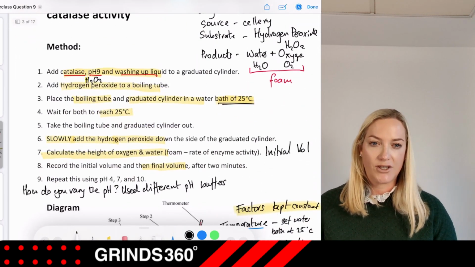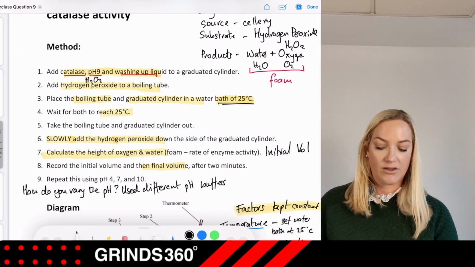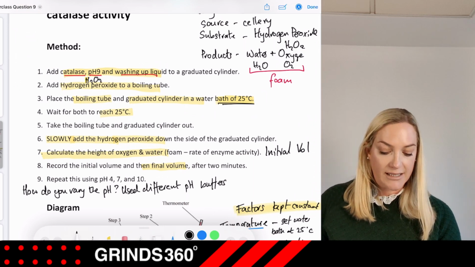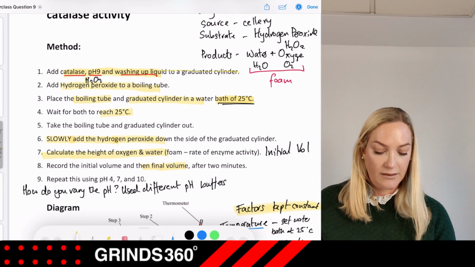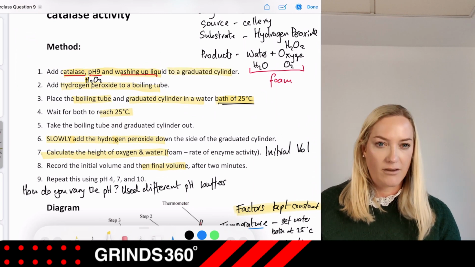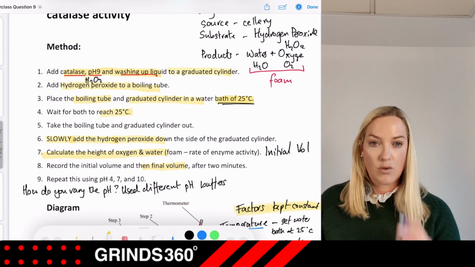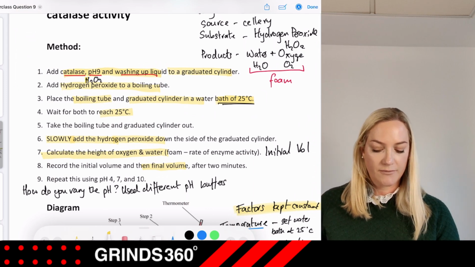You must mention your catalase, you must mention pH, and you must mention your washing up liquid, that those three are added into your graduated cylinder. Your experiment is not going to happen if they're not there. The second thing is you must mention what your substrate is, your hydrogen peroxide.